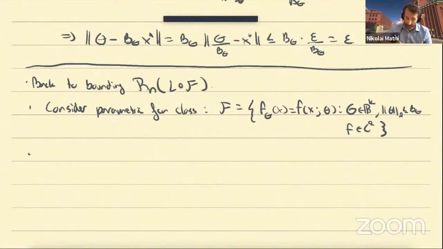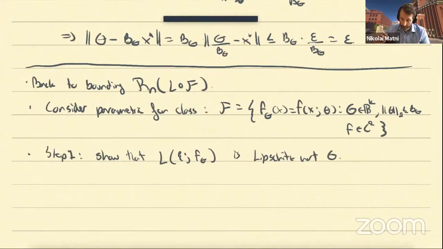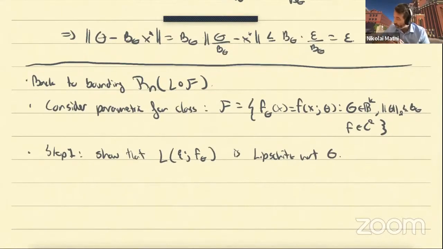So the first step is we're going to want to show that this big loss function is Lipschitz with respect to theta, because then we can apply property 2 from covering numbers that we applied to move from the function class F to just Euclidean space, some theta, which is just a norm ball bound.